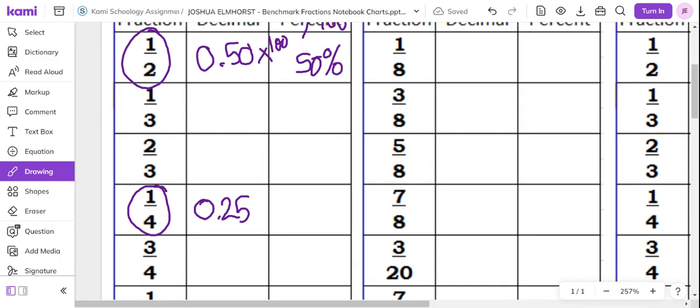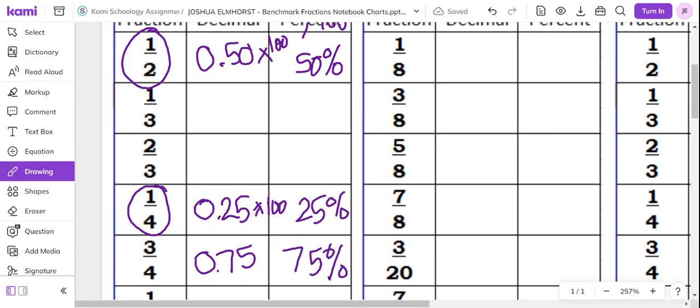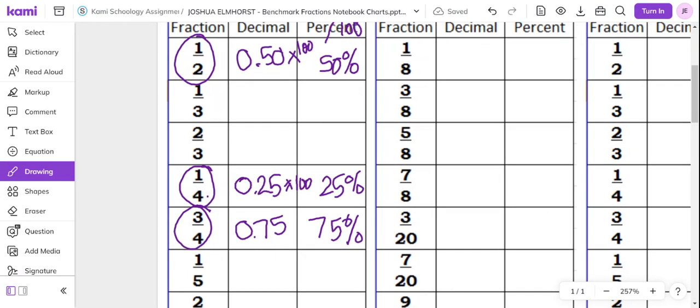What's 3 25s or 3/4? 75. And then we multiply that by 100 to get the per 100, which is 25% and 75%. So make sure you're filling that out as we're going along. So we have 1/2, 1/4, and 3/4.